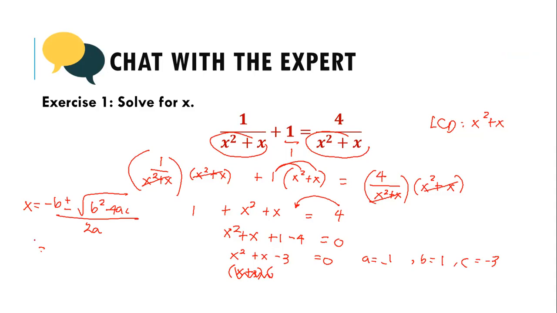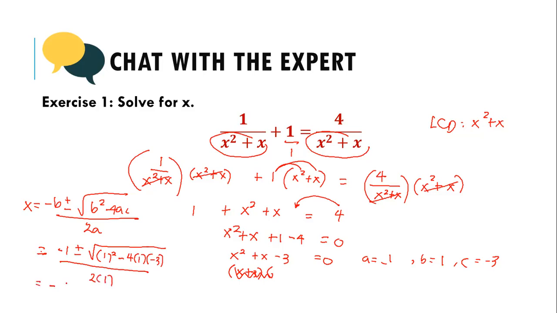So we have -1 plus and minus square root of 1 squared minus 4ac all over 2a.